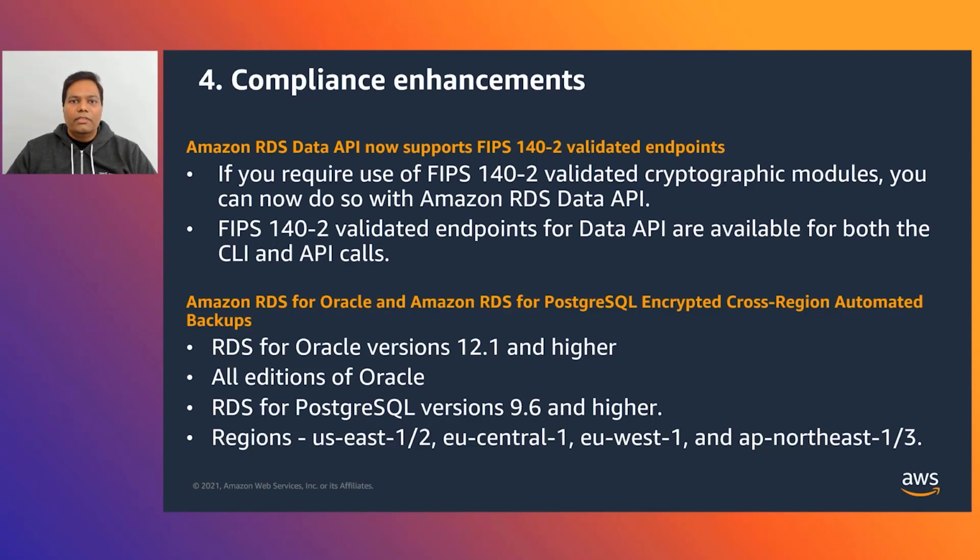You can now use this feature between US East 1 and US West 2, EU Central 1 and EU West 1, and AP Northeast 1 and AP Northeast 3 regions. So if you have a regulated workload where compliance requires cross-region backups to be encrypted, now you can.